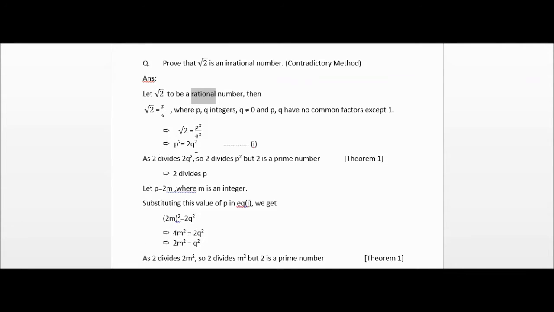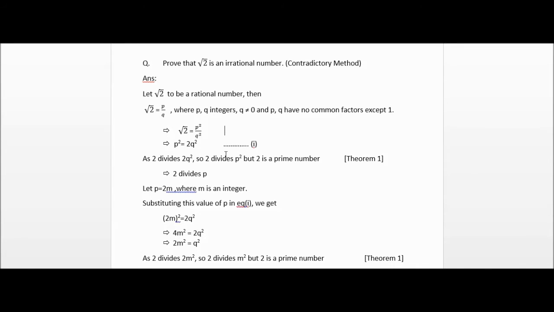We must consider that p and q both should be integers, q not equal to 0, and p, q should not have any common factors except 1. According to that definition, root 2 can be represented in the form of p by q.